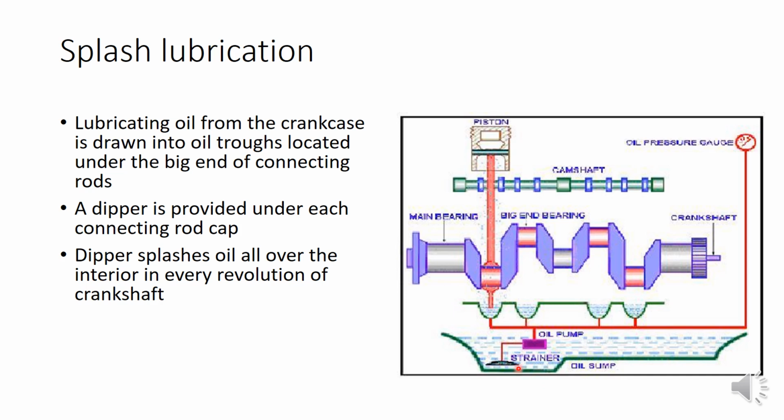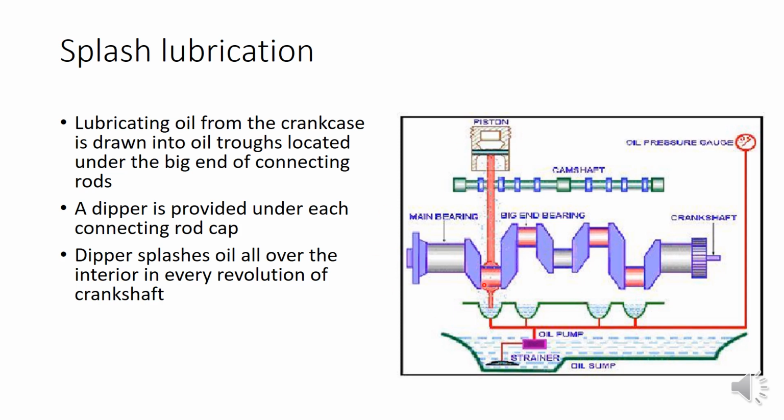In splash lubrication, first with the help of an oil pump we pump the oil from the crankcase to the oil troughs. These are the oil troughs. We have a dipper provided at the end of the connecting rod, and the movement of the connecting rod will splash the oil all over the interior of the cylinder.